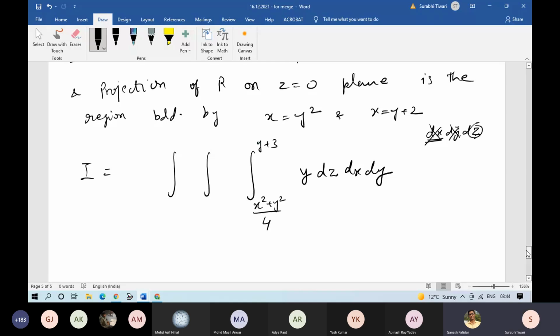Then how x is varying, the two curves: x is equal to y square and x is equal to y plus 2. So x in terms of y is from y square to y plus 2. And then again, find where the value of x varies from and to, the point of intersection of these two.